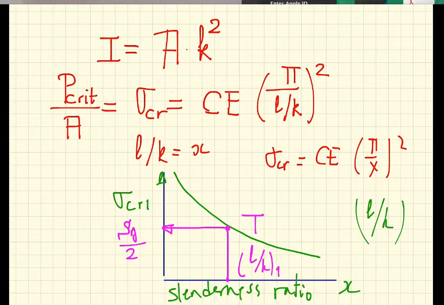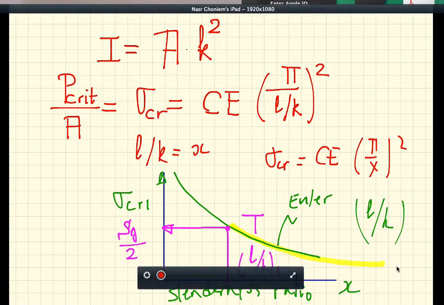And this region of the curve, which goes from point T all the way to infinity, is called the Euler curve, which defines the relationship between the critical stress and the slenderness ratio.